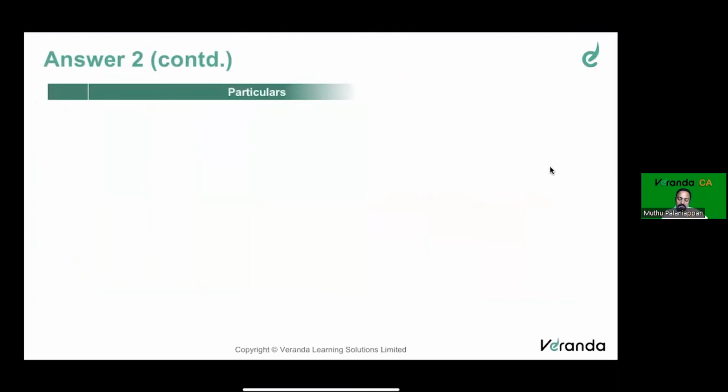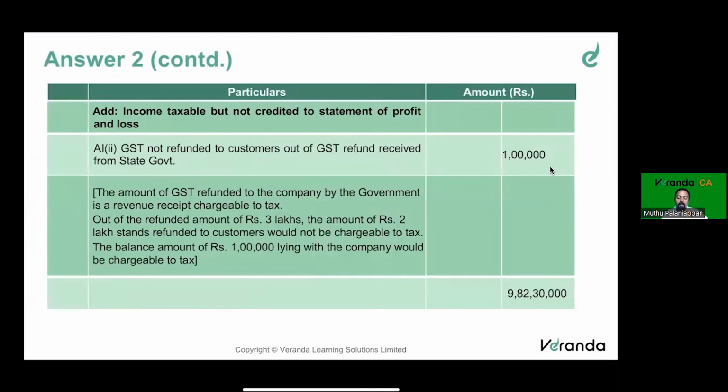So this is the adjusted income as of now. Now we are going to add any income which has not been considered. Whenever we get into this computation, there are 4 heads. You have expense, you have income. Expense disallowed, or expense considered as an expense, you reduce.